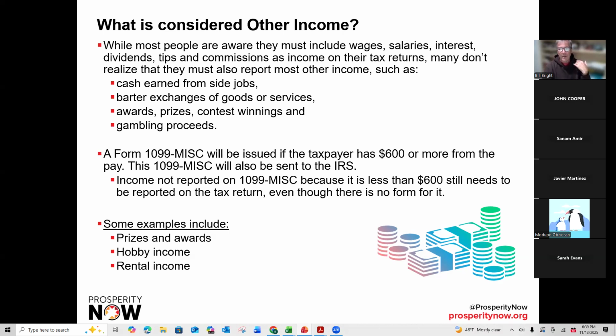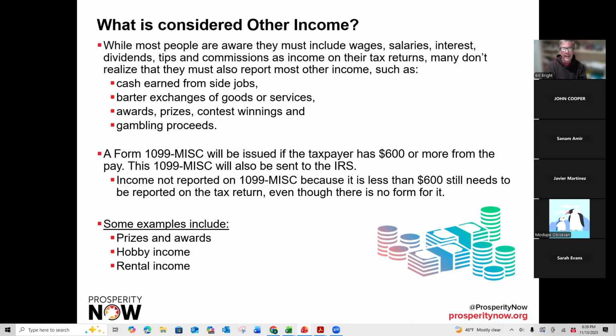Well, are you selling a couch that you had in college that you spent $1,000 for, and now you sold it for 50 bucks on Facebook Marketplace? Is that reportable? Well, if you get a 1099 miscellaneous, chances are it's reportable. But you get to make that go away, and we'll get into that down the road.